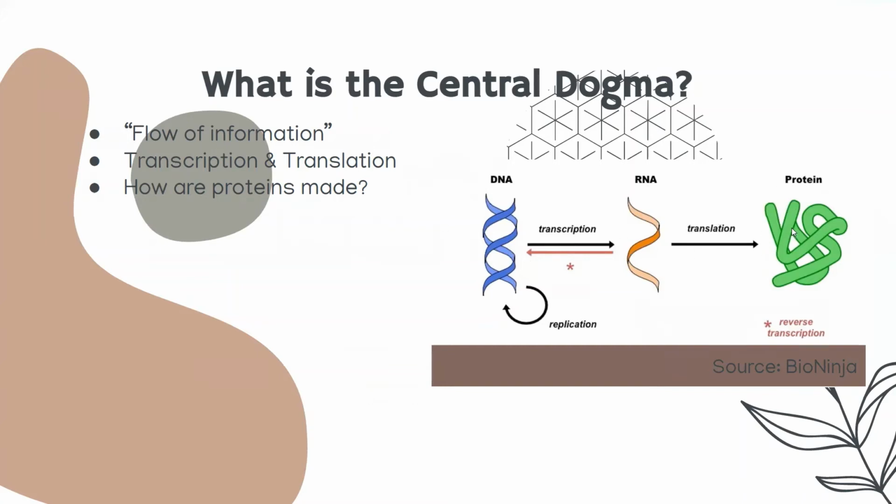So this is the basic, fundamental central dogma: the flow of information from DNA to protein. There's also something called reverse transcription, from RNA to DNA, but that wasn't part of the initial central dogma that the scientists imagined as a theory. It's also how proteins are made: from this piece of information in DNA to an actual protein that works in your body.